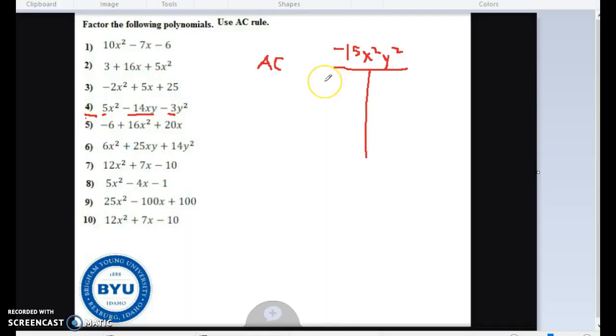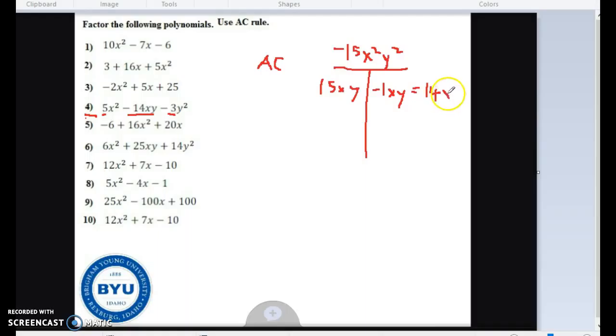And so I'm basically looking for things of this type, so possibly 15xy and -1xy. That might work. That does multiply together to be -15x squared y squared. Unfortunately, when you add those together, you actually get +14xy, which isn't what we want. We want -14xy.